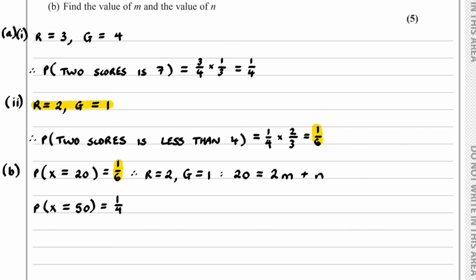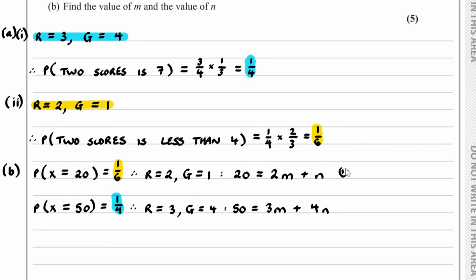Now, we've got the 1/4 here, and we found that when we've got a quarter for our probability, that would mean that R is 3 and G is 4. So, X is 50, and with our values of R and G, we would have 3m plus 4n.